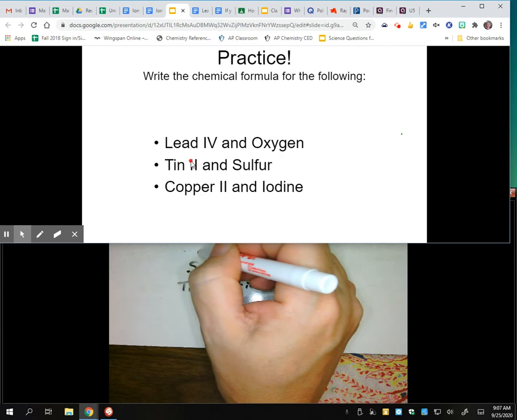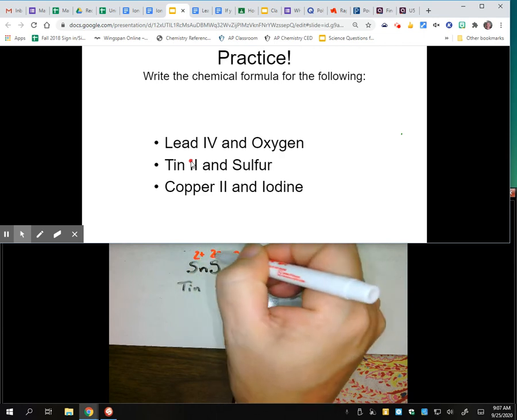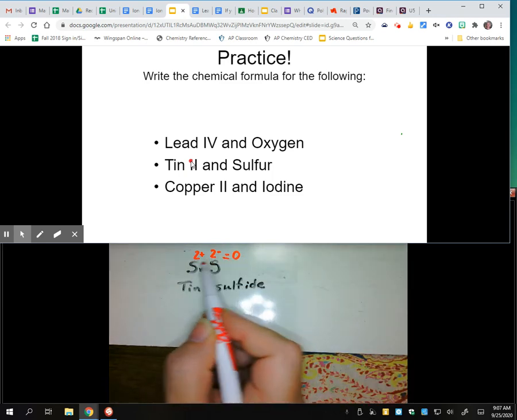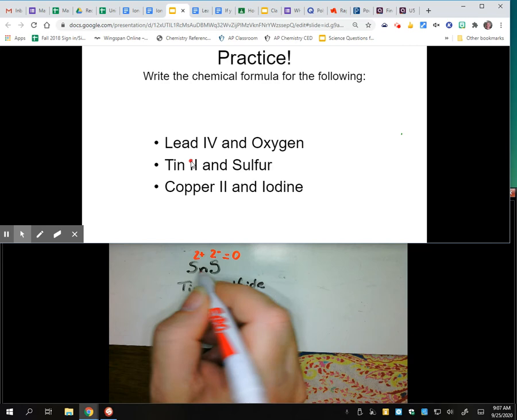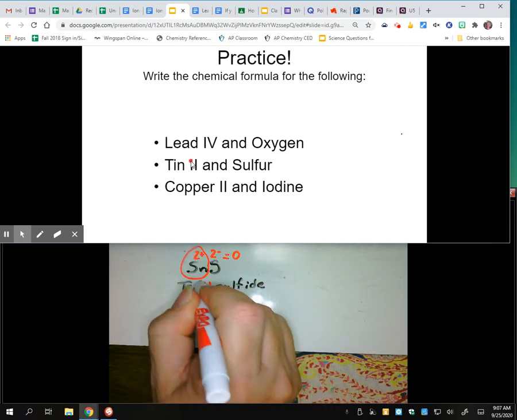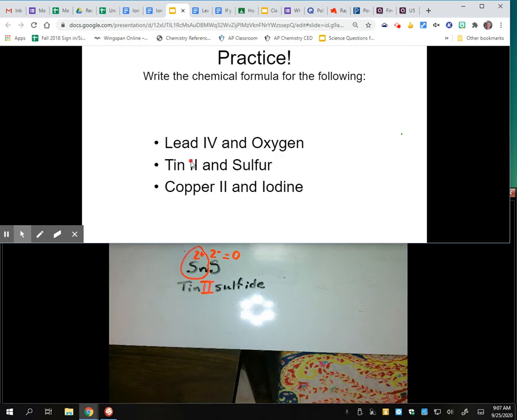And for it to cancel out, tin would have to have the exact same charge but opposite sign as sulfur, so for them to add up to equal 0. So that lets me know that tin has a charge of 2 positive. So it is tin 2 sulfide. So sometimes you can uncrisscross. Other times you have to deduce by using your knowledge of formula writing what the charge is so you can put the correct Roman numeral in there.